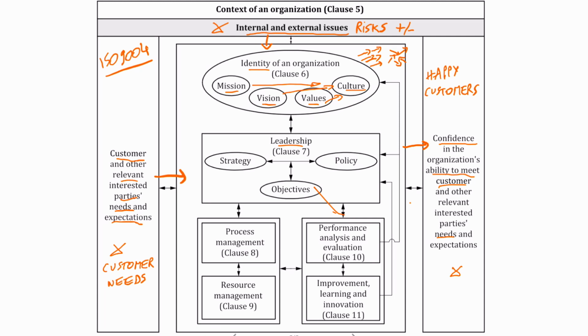Second one, leadership. What is the strategy? How does the company compete on its market? And how does it communicate this to its employees? And really something very, very important in ISO 9001, what are its objectives? If possible, they have to be measurable, specific, achievable, and so on.